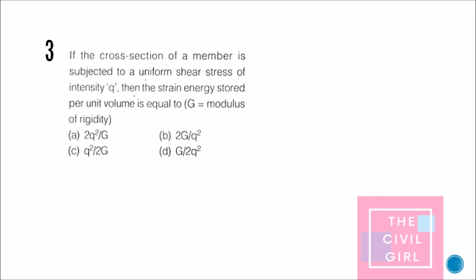Next question, if the cross section of the member is subjected to uniform shear stress of intensity Q, the strain energy stored per unit volume is equal to what? And G is my modulus of rigidity, that is my shear modulus. So what is my strain energy? We know the formula for strain energy.